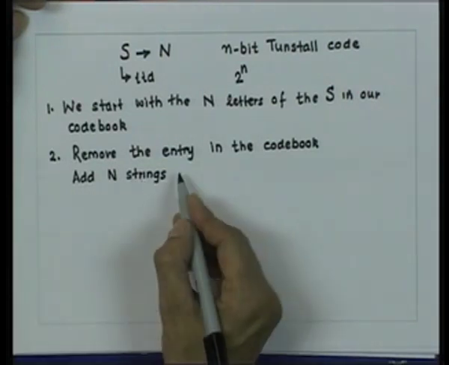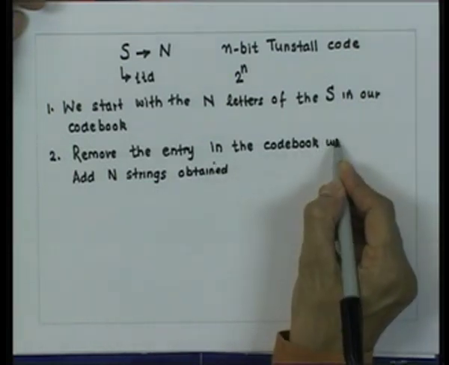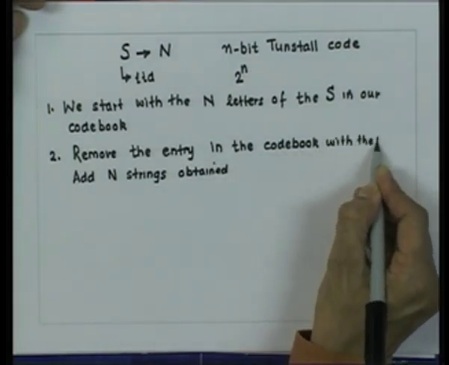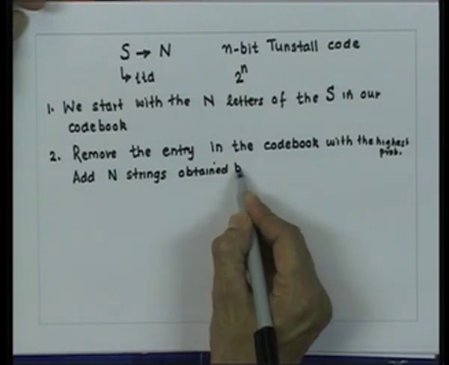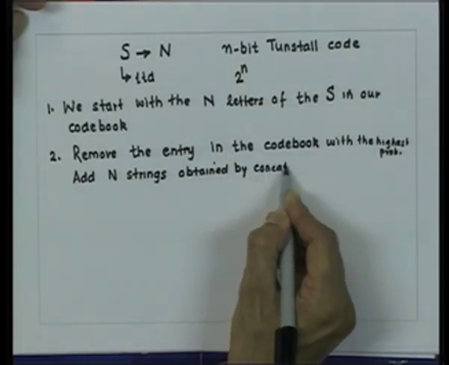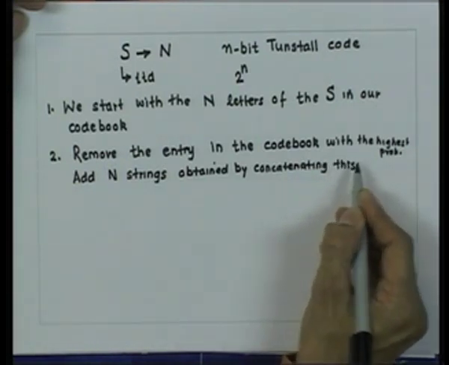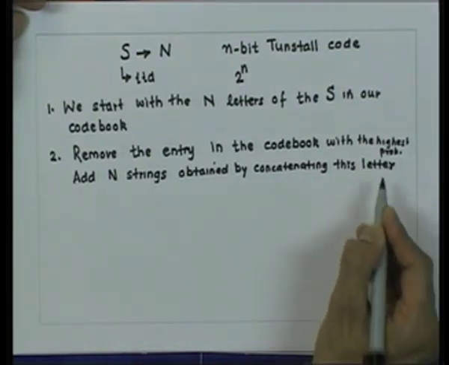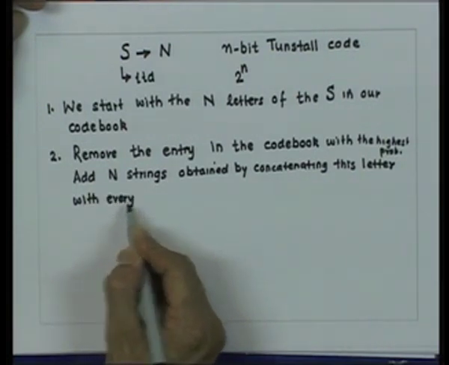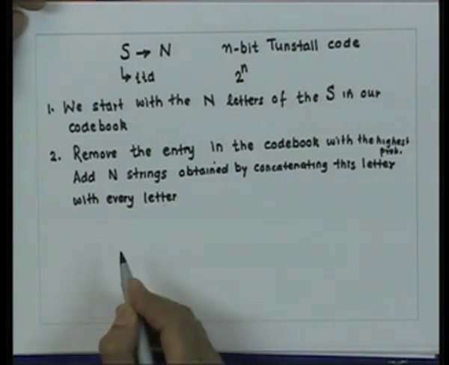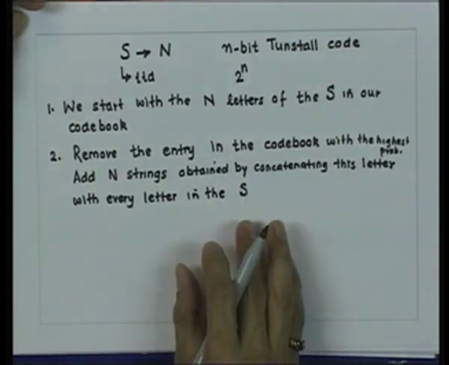So, add n strings obtained by concatenating this letter which we have removed with every letter in the source alphabet, including that letter itself.